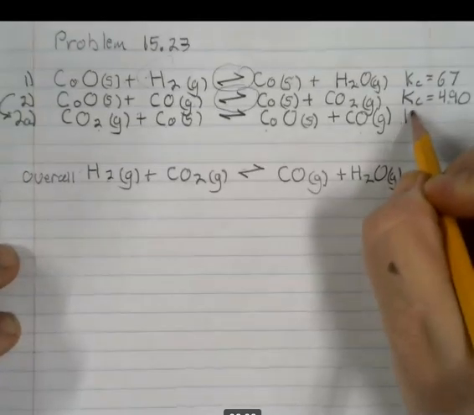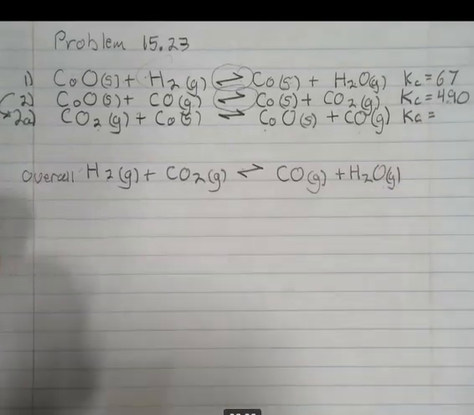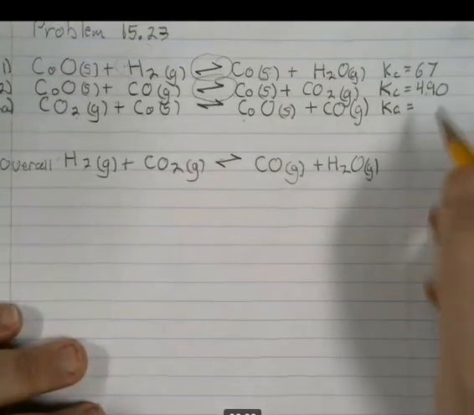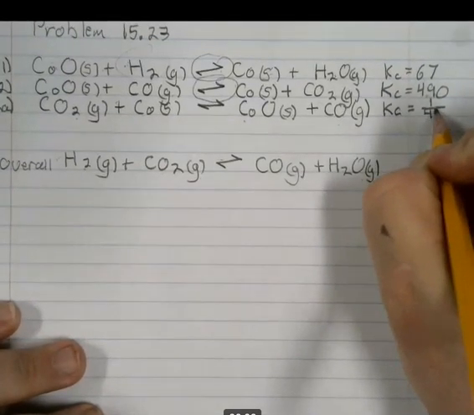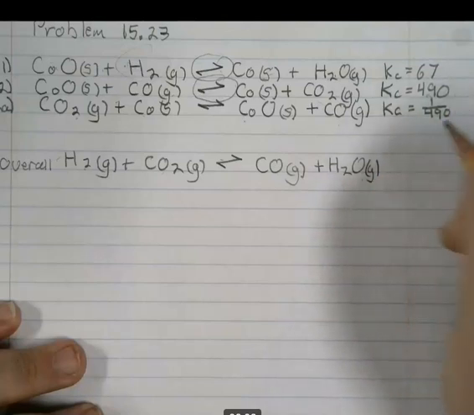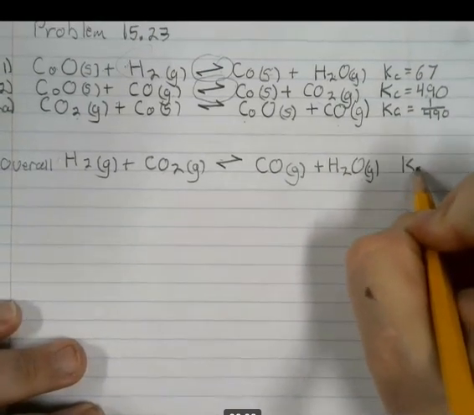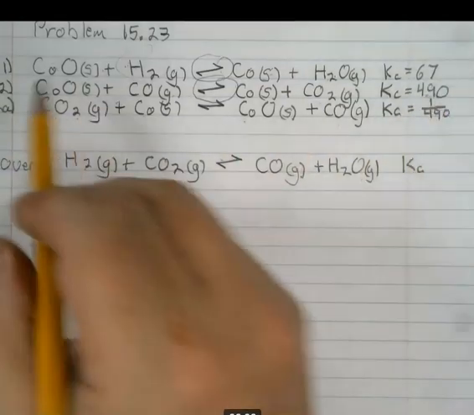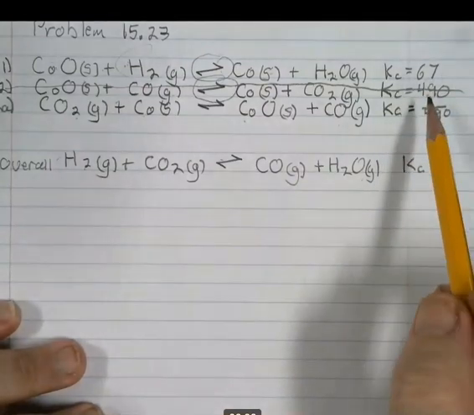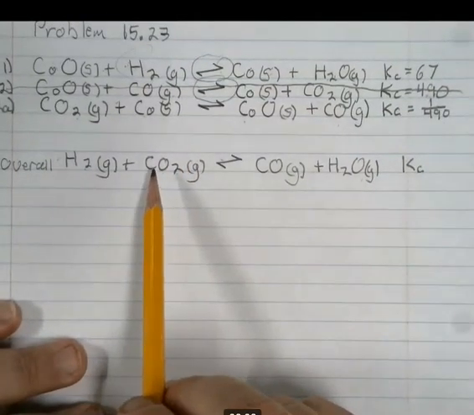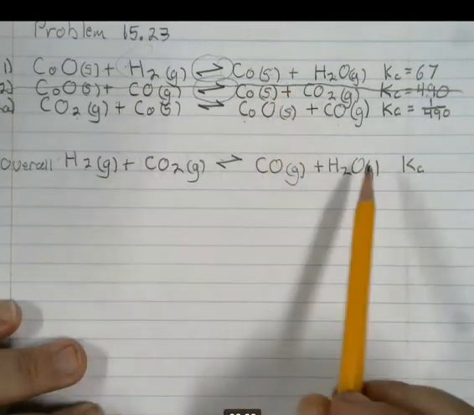So that new Kc is going to equal, for right now, we'll just call it 1 over 490. So that means Kc for our overall equation is going to be, we can go ahead and put a line through 2 because we've used it, it's done. So what do you do then when we now added these two equations after we did the reversal to get this?